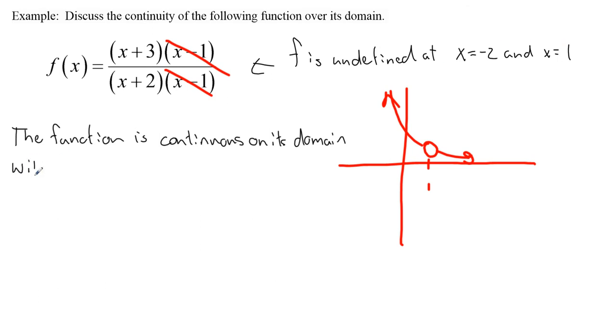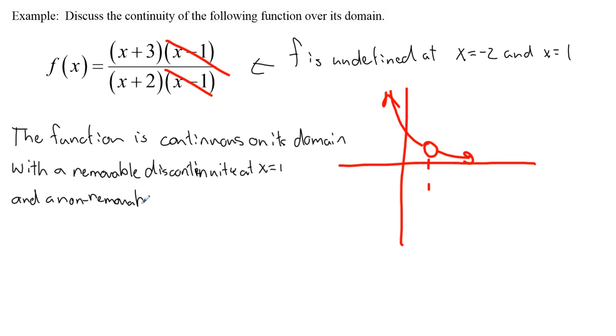And then we can say with a removable discontinuity, the removable one is the one that cancels out, so at x equals 1, and a non-removable discontinuity at x equals -2. All right.